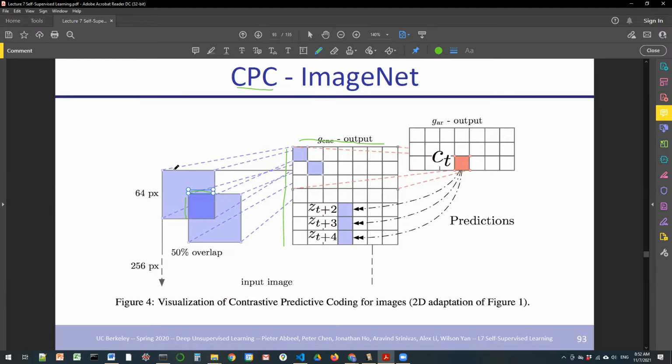So the autoregressive model that is stuck on top of the ResNet, to get it to the latent space, is a PixelCNN model. So you use masked convolution, PixelCNN style models. And in fact, this is interesting because the PixelCNN author is the same first author on the CPC paper. The next slides show you how it is done.